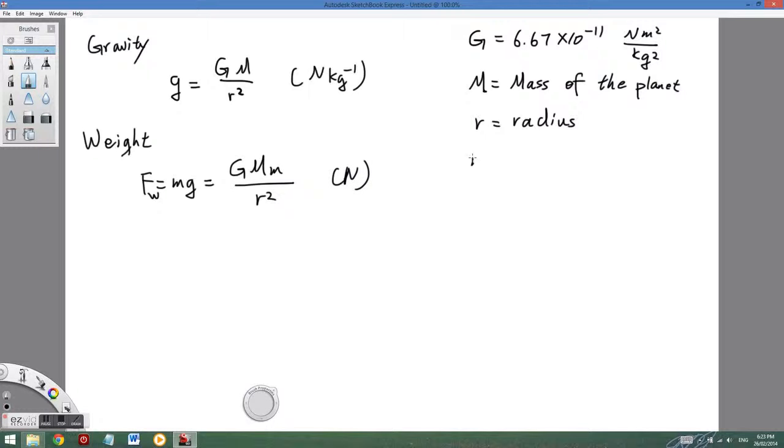The small m is the mass of the smaller object. So if you want to find the force of attraction between two planets, they are basically planet 1 and planet 2. So that's what Newton discovered.